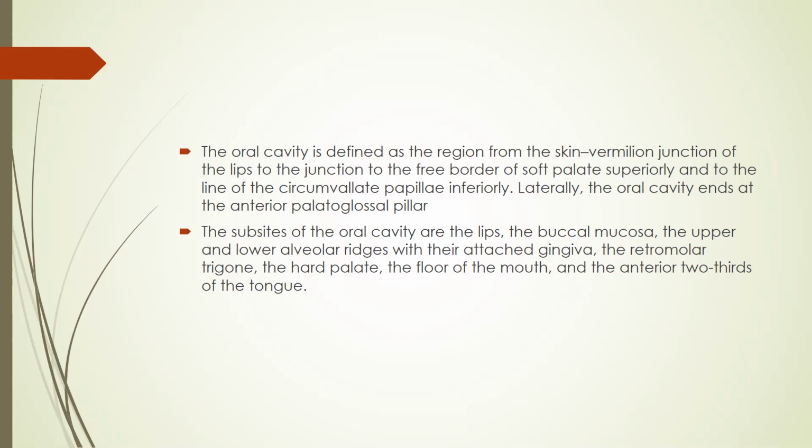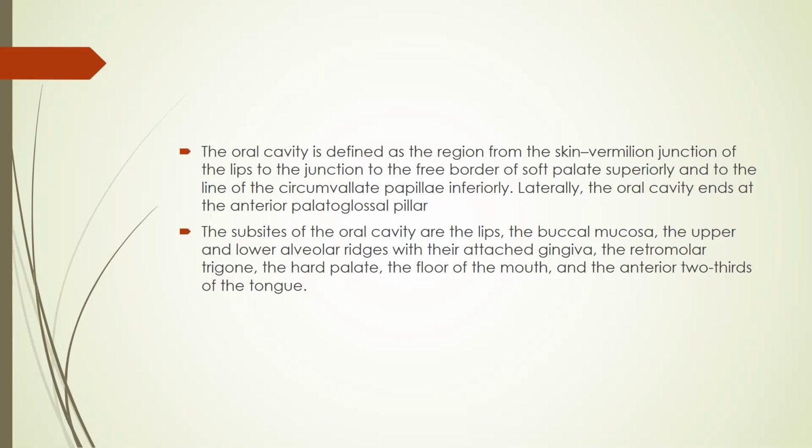Among the contents of the oral cavity are the lips, buccal mucosa, upper and lower alveolar ridges with their attached gingiva, and the retromolar trigone, which is the region behind the last molar tooth. Also the hard palate, the floor of the mouth, and the anterior two-thirds of the tongue.